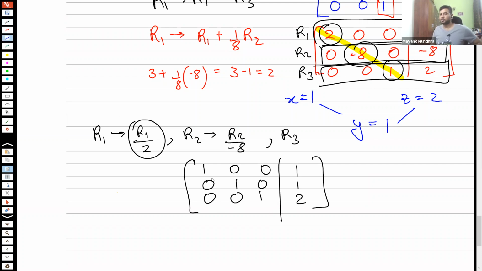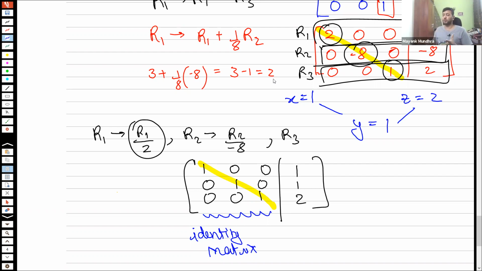Once you reach this format, where you have made this entire thing the identity matrix, okay, so this matrix is called the identity matrix. The diagonal entries are 1, everything else is 0. So these are called identity matrices. This sort of method, where you keep doing row operations, is called Gaussian elimination.